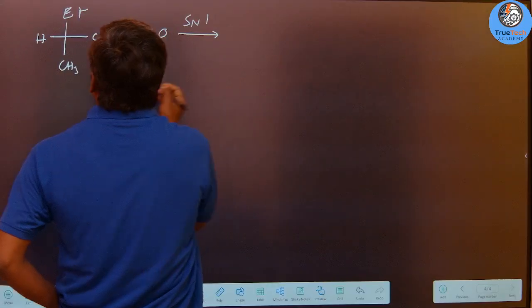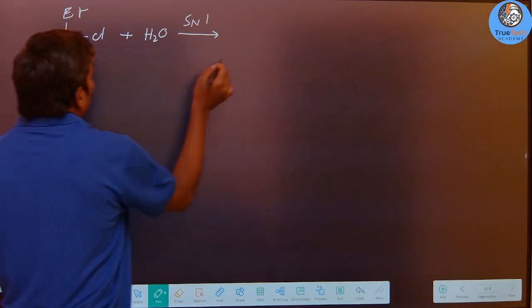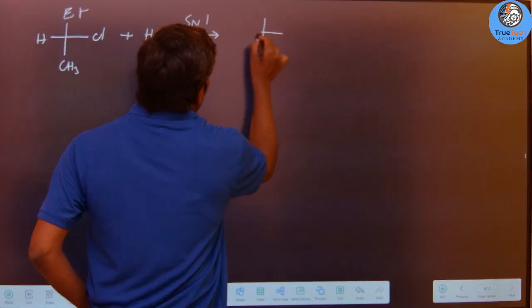So this example I am taking under SN1 condition. Under SN1 condition, we know this is the chiral carbon. So you will find the racemic mixture.